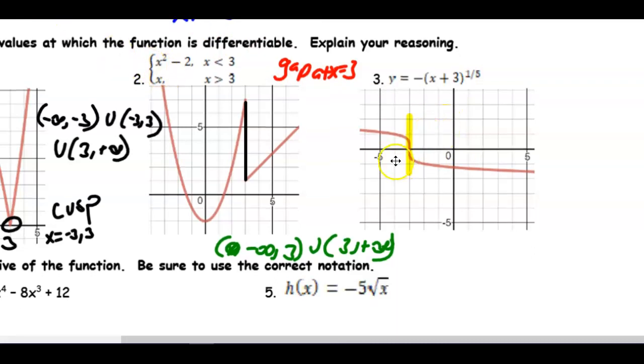I use the vertical line test right here. So see how that touches multiple times? It's not differentiable at that space, which is negative 3.